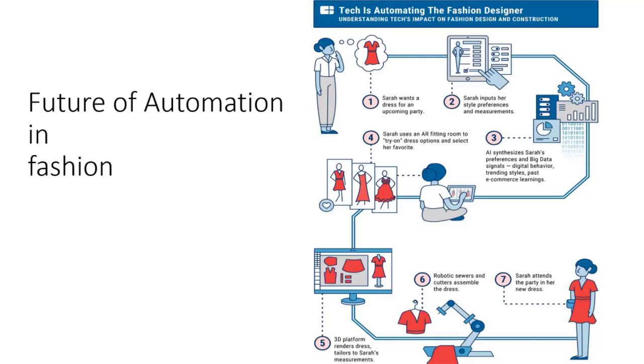If we think about the future of automation in fashion, here again is a small infographic that shows us the future of production, of the life cycle, maybe of the consuming process of products of light industry. So, for example, a customer wants a dress for an upcoming party.